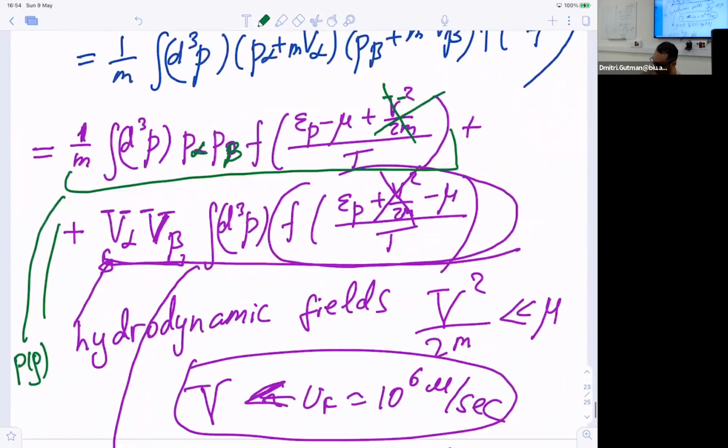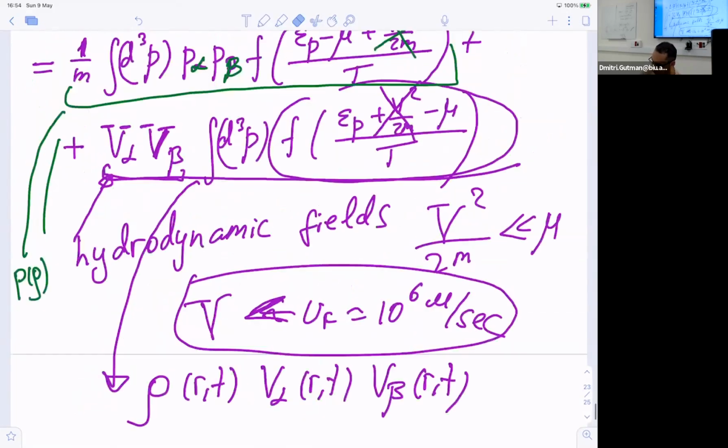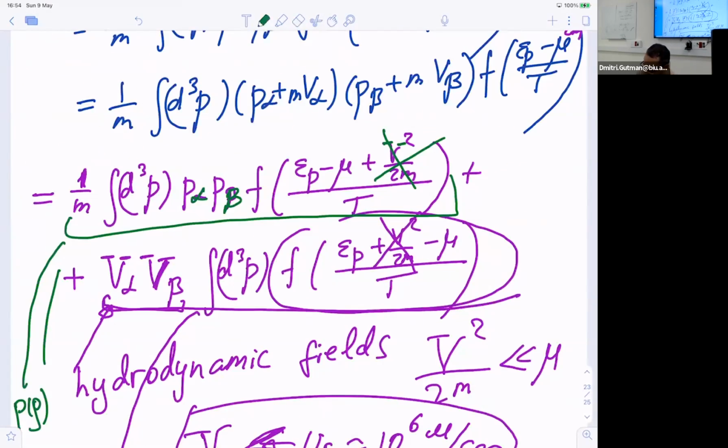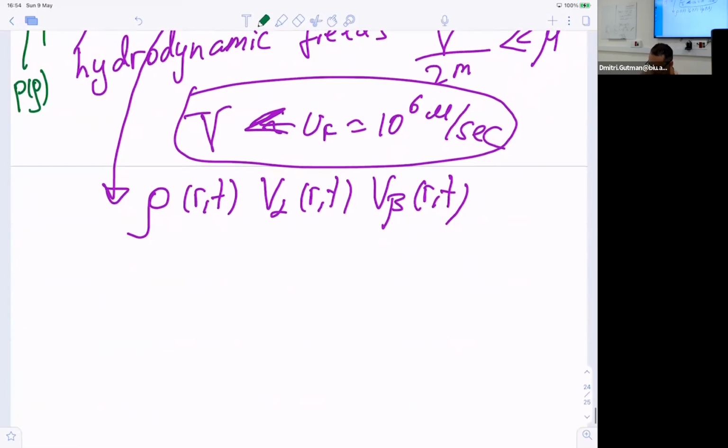You seem to be not happy. Okay, so let me do it slower. So let me now look at the first term, this green term. I claim that I call it P, and I claim it's going to be pressure. So what is it?